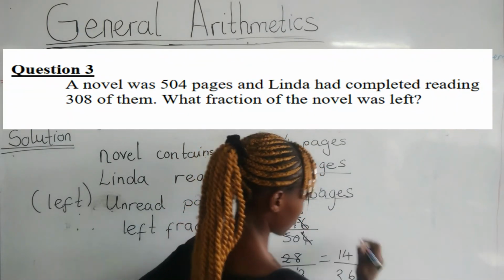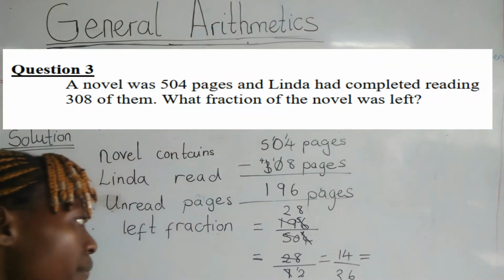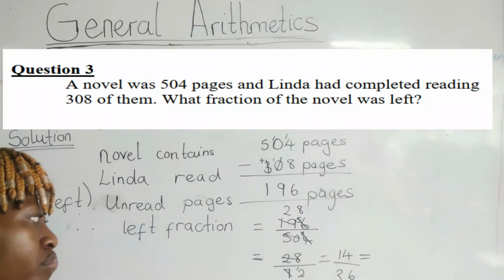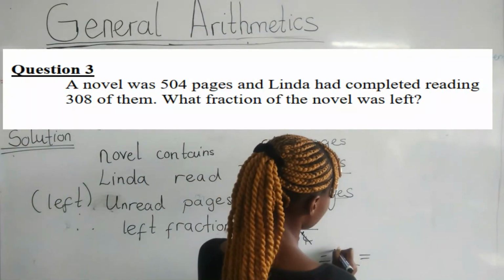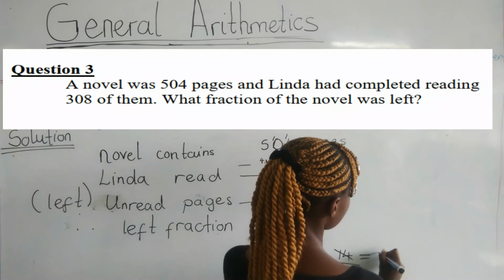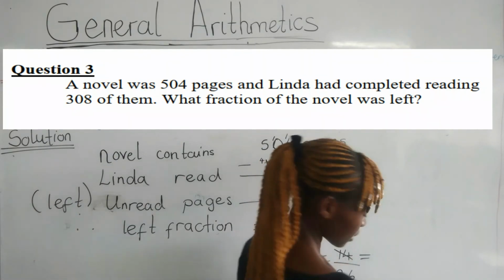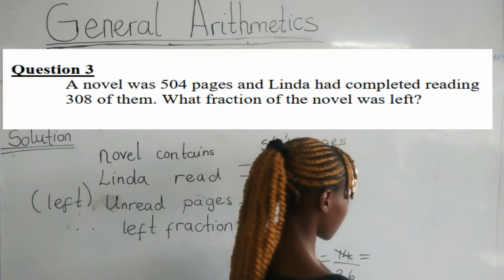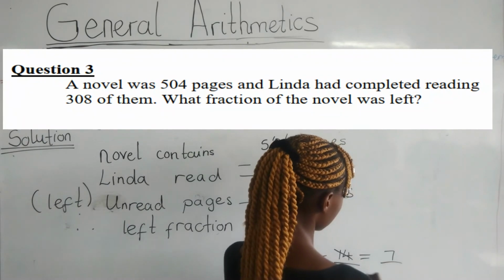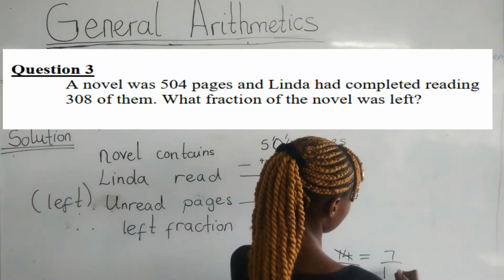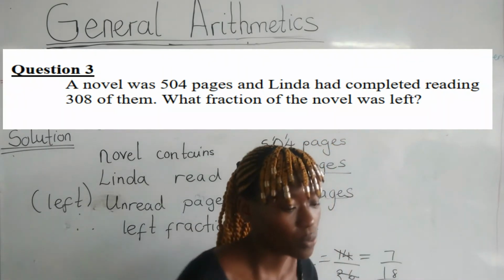Then I simplify again by 7. 2 into 14 is 7. 2 into 36, 1. So this will go as the final answer.